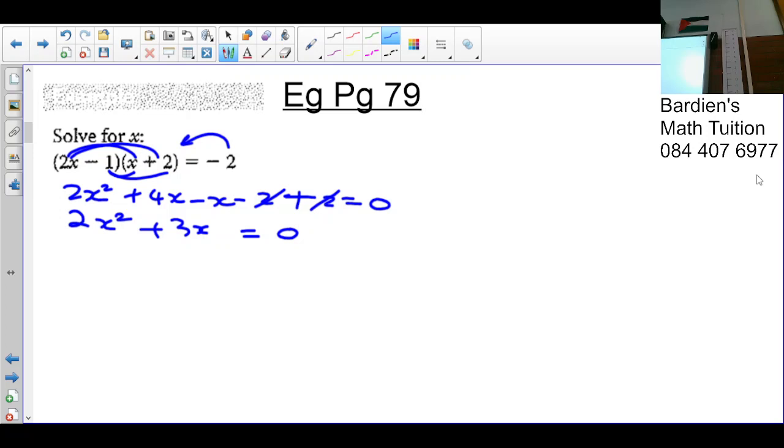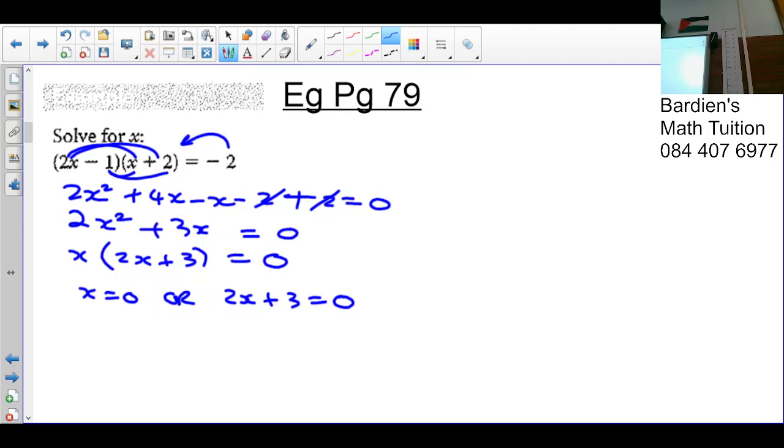So you got x as a common factor. So what are we left with? 2x plus 3 equals 0. Now what? Okay, so x is equal to 0 or 2x plus 3 is equal to 0.